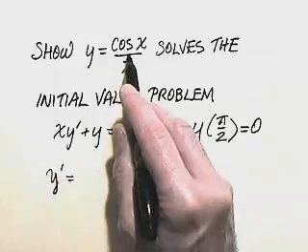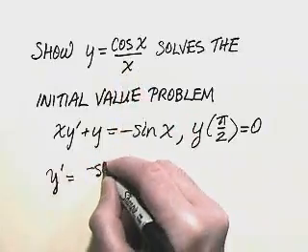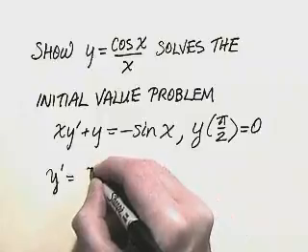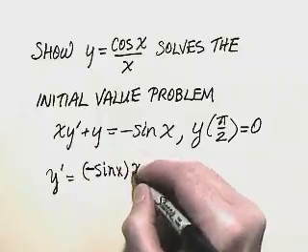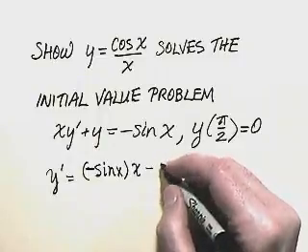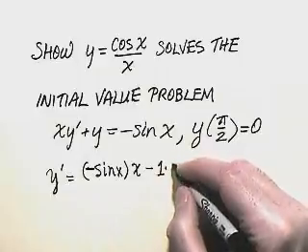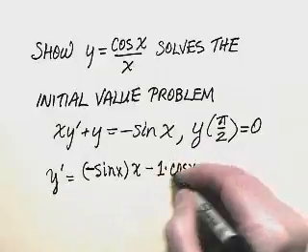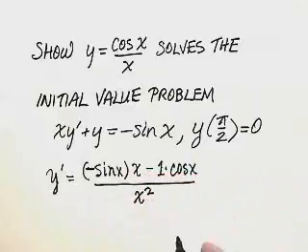We'll use the quotient rule, differentiate the numerator first. We get negative sine x multiplied by the denominator x minus the derivative of the denominator, which is 1, times the numerator cosine x, and all that is divided by x squared.